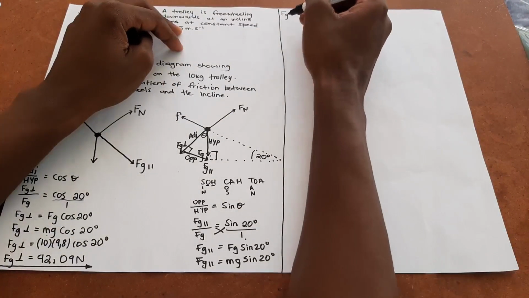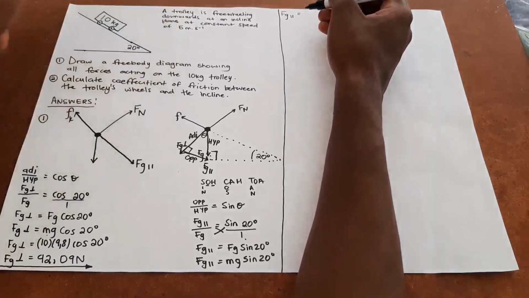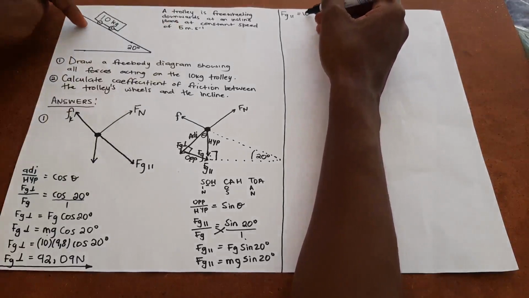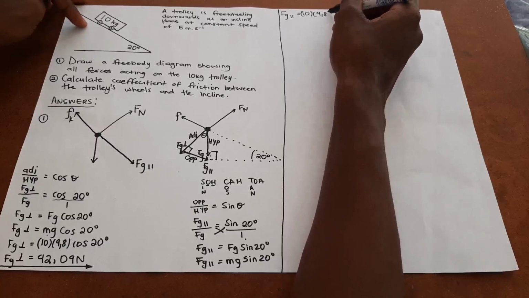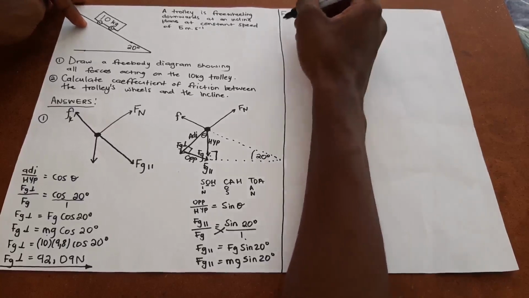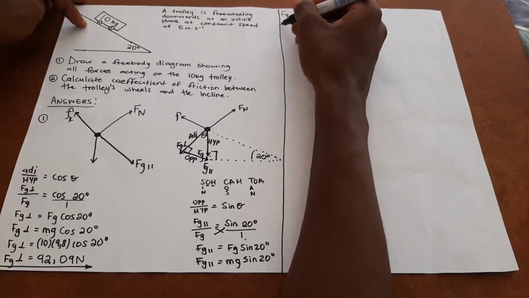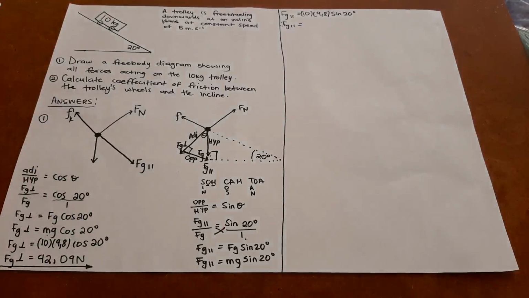Our FG parallel is equal to, what's mg? Our mg is 10 multiplied by 9.8 sine 20 degrees. Press that on your calculator, guys.